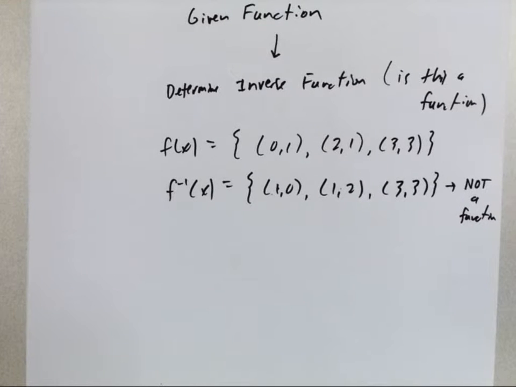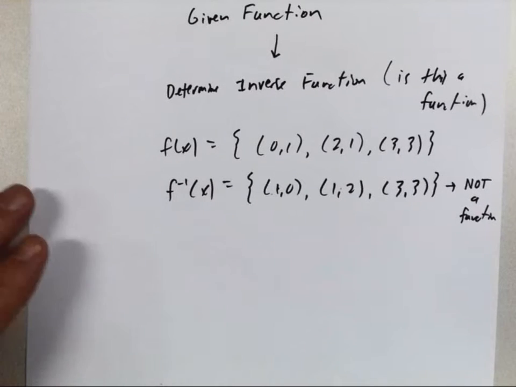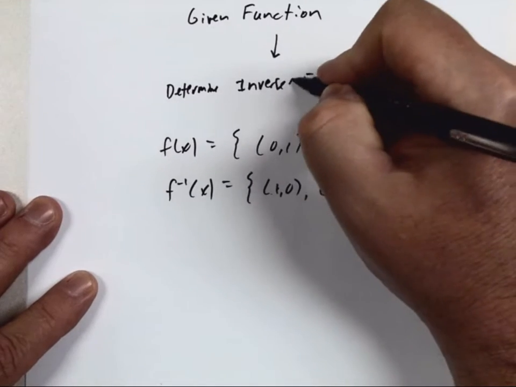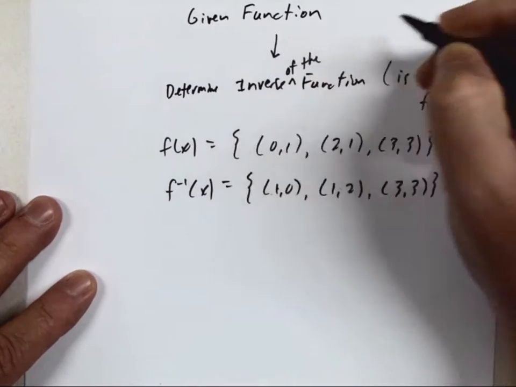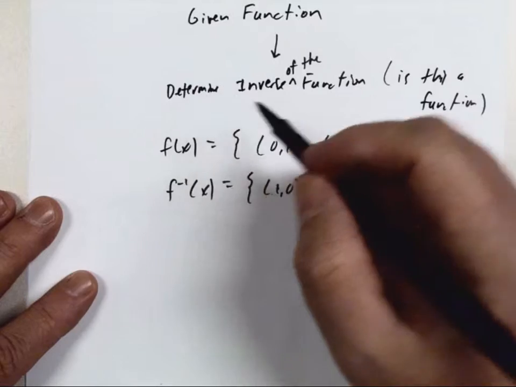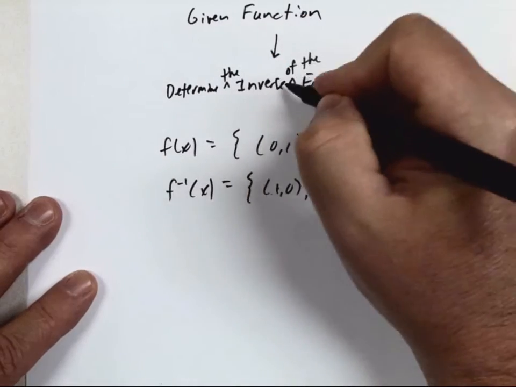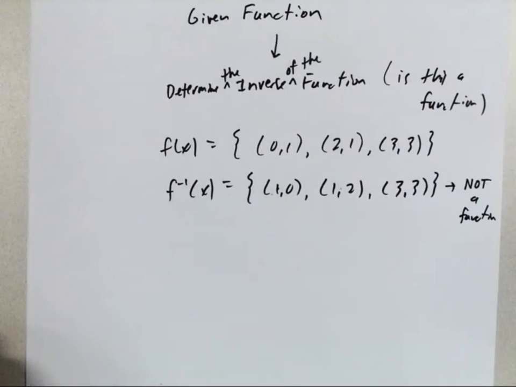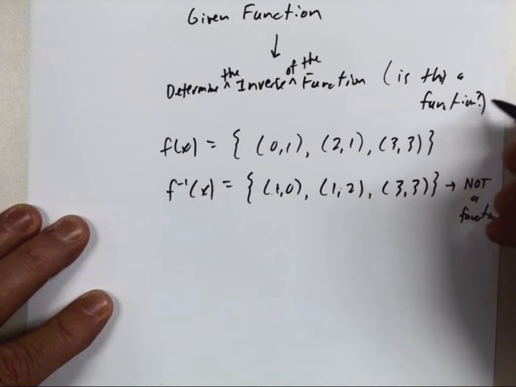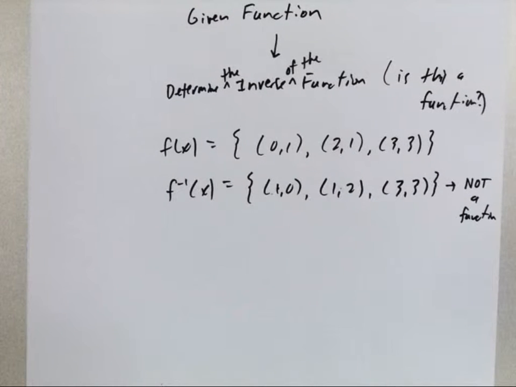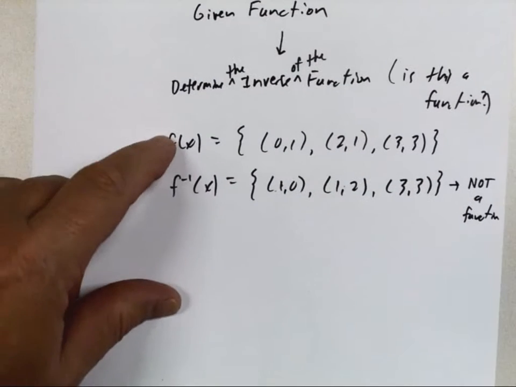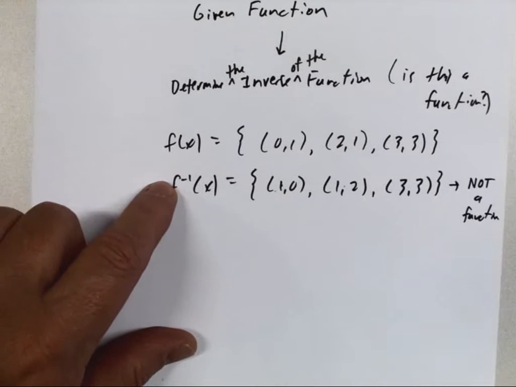And that can happen. You start with the function, you take the inverse, and the inverse is not a function. I could be careful: given a function, determine the inverse of the function. It doesn't say it's a function, it's the inverse of the original function. And then you ask, once you take the inverse, is that a function? Here's an example. You have a function, the inverse is not.